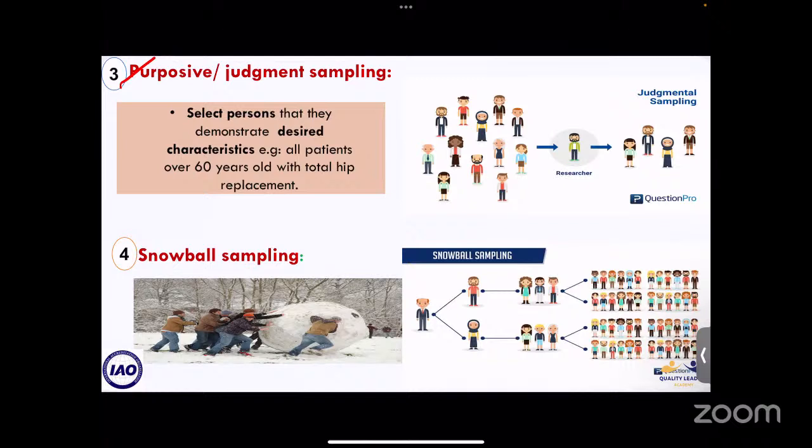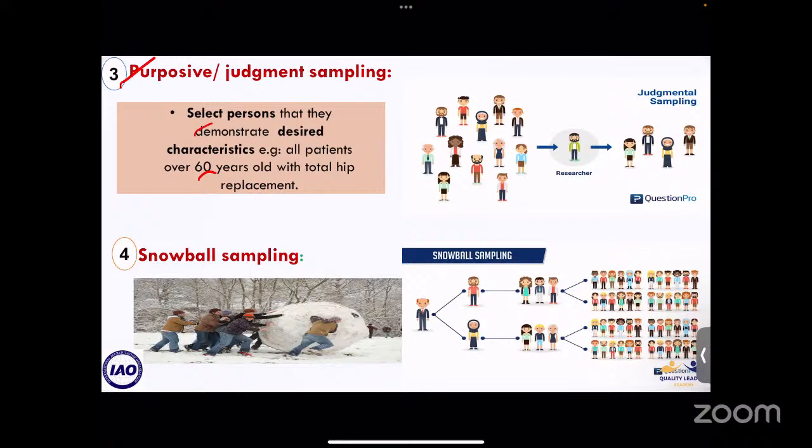When we say purposive or judgment, it is selecting persons who demonstrate desired characteristics. For example, all patients over 60 years old with total hip replacement. So here, you determine the criteria that you want from the population you are selecting.